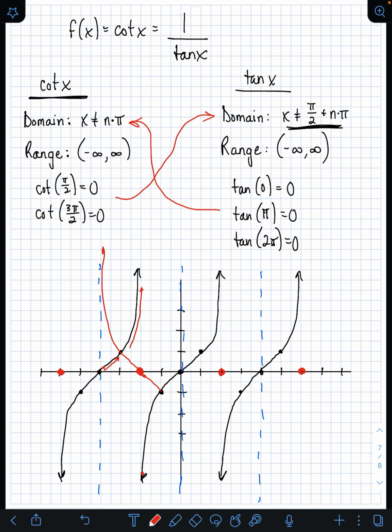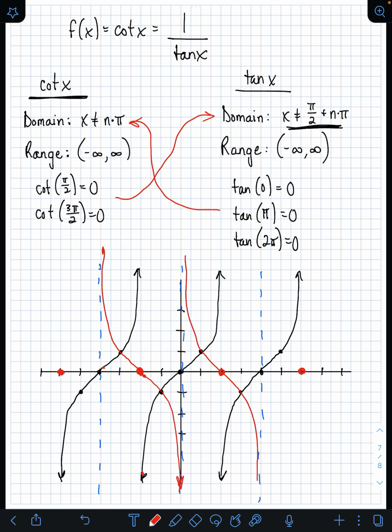And then as tangent continues up towards 0, cotangent has to observe its asymptote. So what we get here is actually a very similar style function, except instead of going up and to the right like a cubic function would, cotangent comes down and to the right.